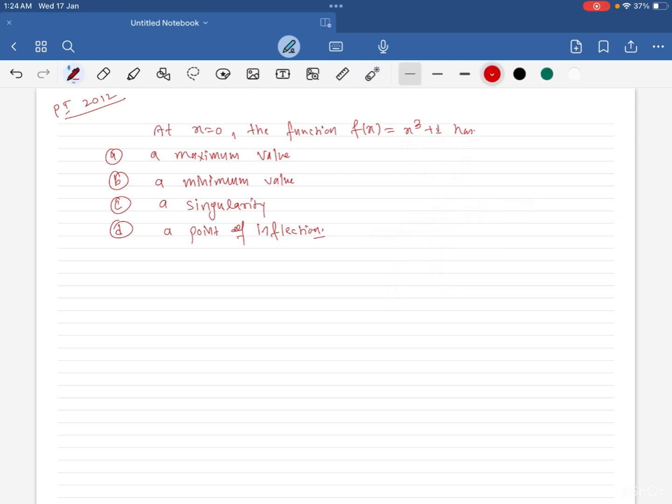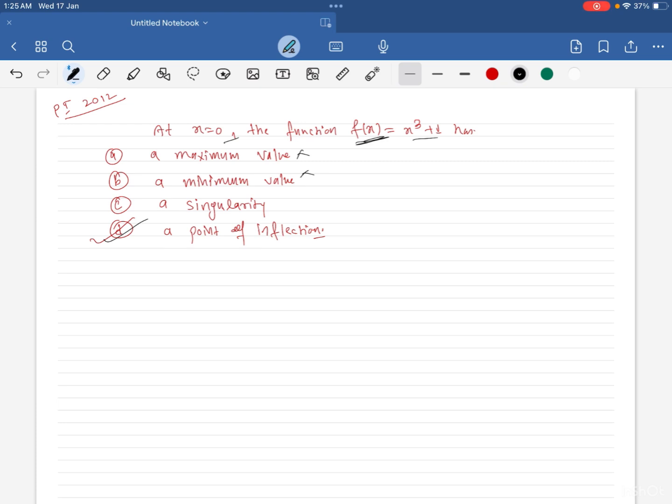The correct answer for this is D, right? We cannot have a maximum or minimum at x is equal to 0, because you see that for x is equal to infinity, the function will be infinity, and for x is equal to minus infinity, so the maximum minimum point is gone. Or also you can check by doing the calculation.